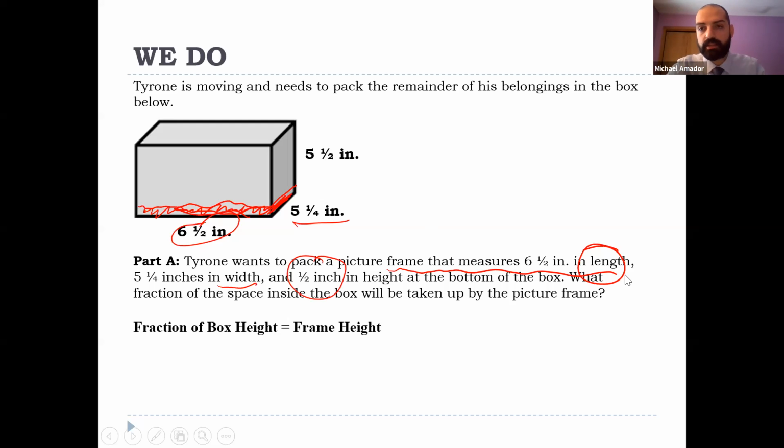Let's go with Anthony. I'm unmuting you. Anthony, what do we need to find in this problem now that we've gone over what the problem is describing? I'm going to unmute you now.